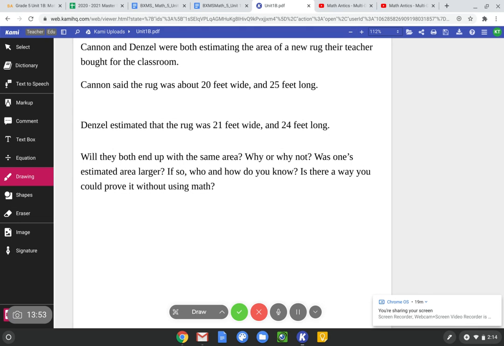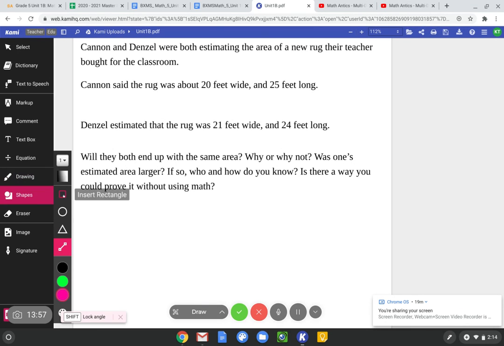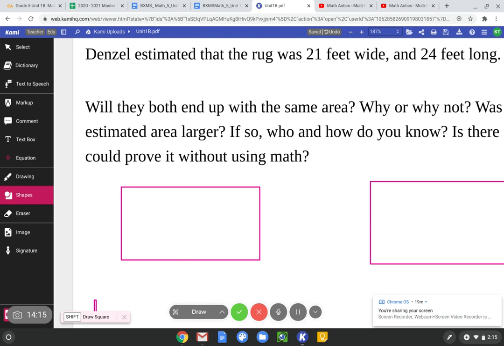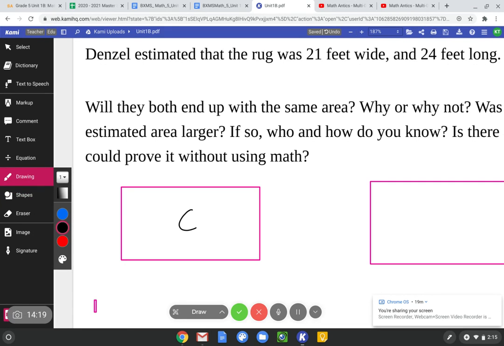So let's begin. So remember area, let's get our shapes. Area is the space within it, not around it. Perimeter is when it's around. Area is within. So let's do, this is going to be Cannon's rug.